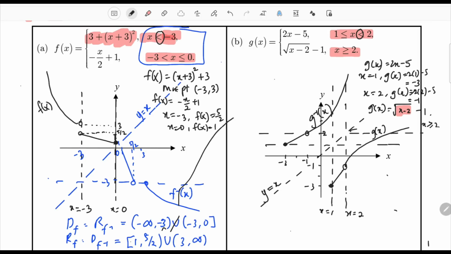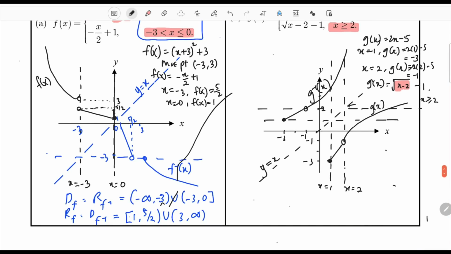I haven't found the g inverse function, but I can always draw it by using the reflection on the line y equal to x. So hence, what is the domain of f? Domain of f equal to range of f inverse, which is 1 to infinity, and range of f equal to domain of f inverse, which is negative 3 to infinity.